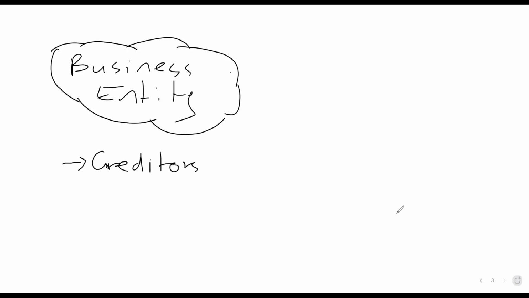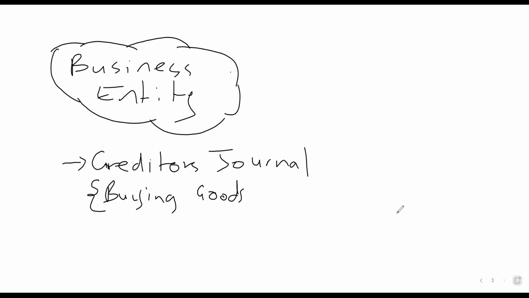A creditors journal. In the creditors journal, that's where we will record all the individual transactions that have to do with us buying goods on credit from our creditors. Buying goods on credit from where? From the supplier or the creditor in this case.